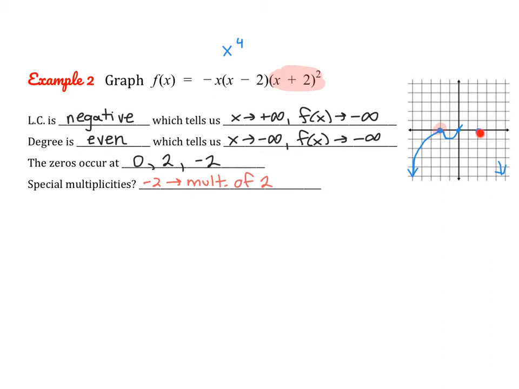And then I have that remaining 0 here, and I do need to eventually reach this arrow going down, so I can see my graph is going to turn around and go right through that remaining 0, like this. Okay, so again, whenever you have that even multiplicity, your graph touches but does not cross over. It touches and turns around. Anytime you just have a normal 0, it is going to go straight through like this.